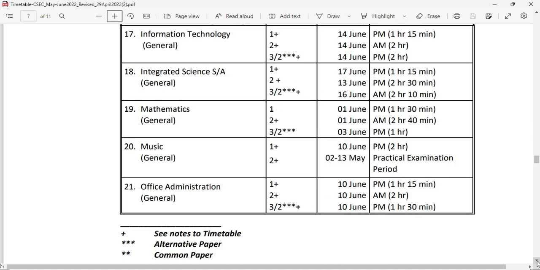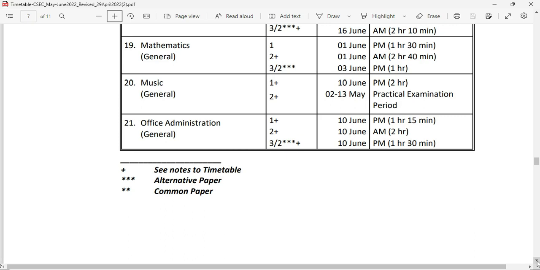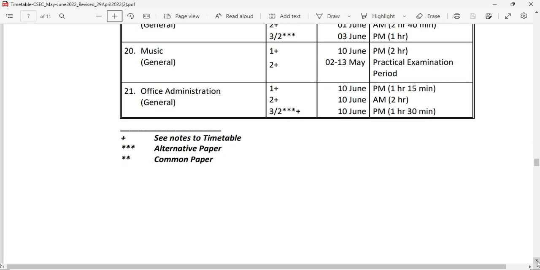Information technology, number 17. This is not the date now. Integrated science, single award will be number 18. Mathematics general paper will be number 19. Music, the general paper, will be number 20.